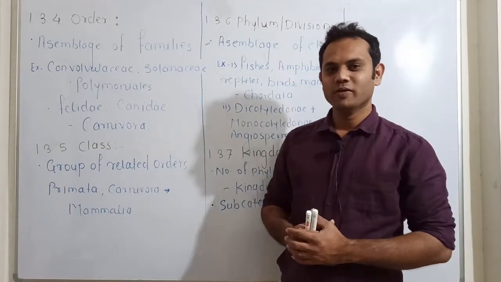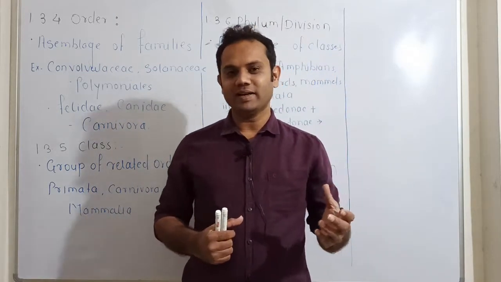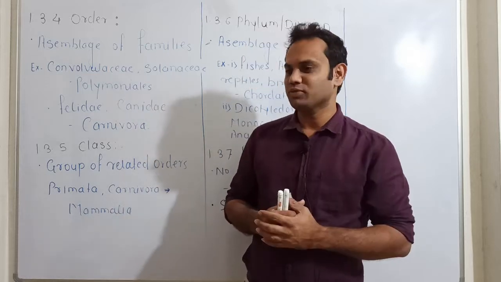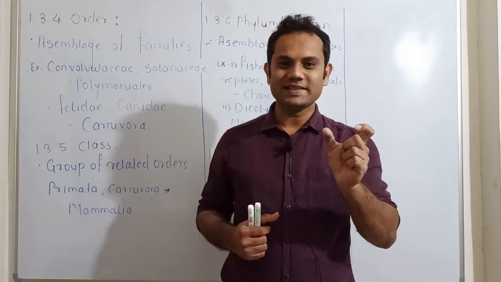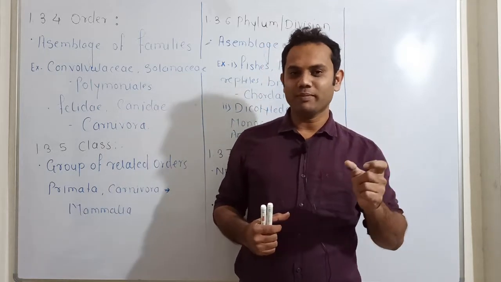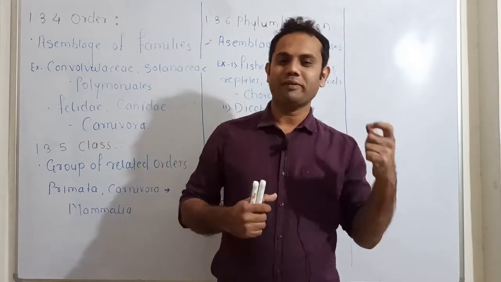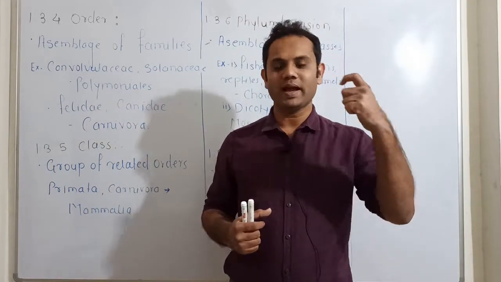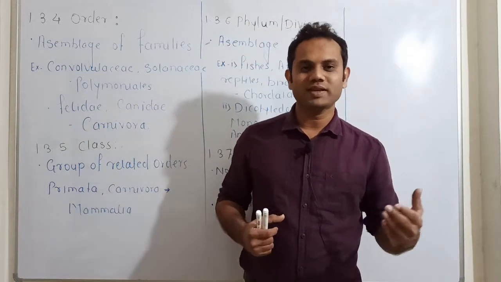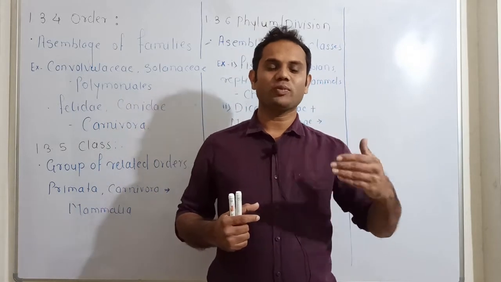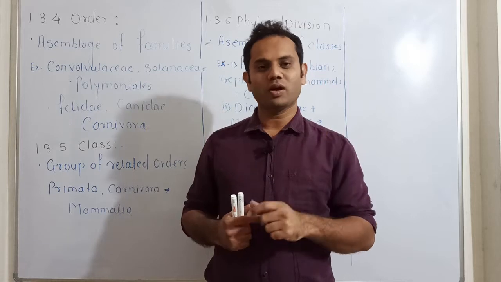In the previous video, we have seen the taxonomic categories, and in that we have seen the three different types of taxonomic category, which are species, genus, and family. We have seen what a taxonomic category is, what the difference is between taxonomic category and taxon, or plurally taxa, how the classification is done, and what the taxonomic hierarchy, or the levels of the different taxa, is.